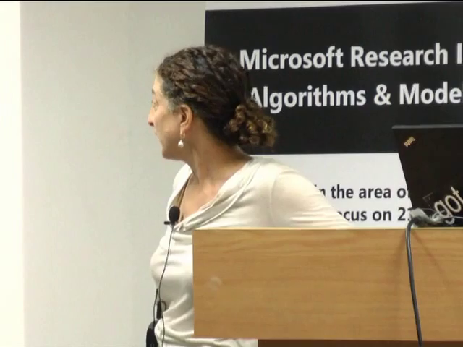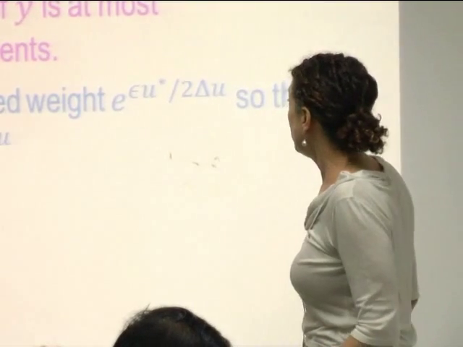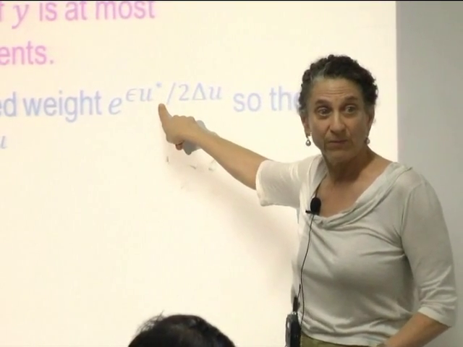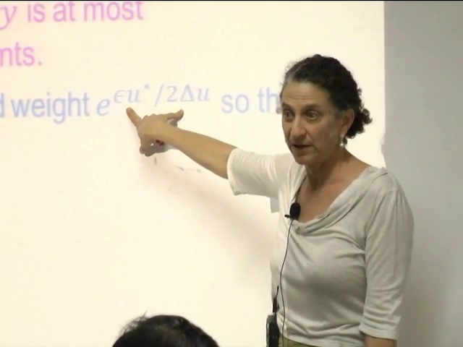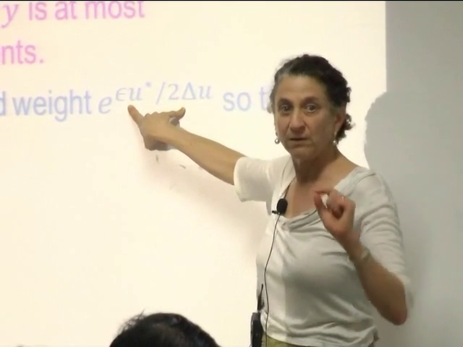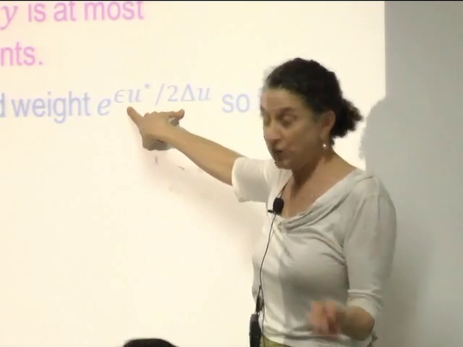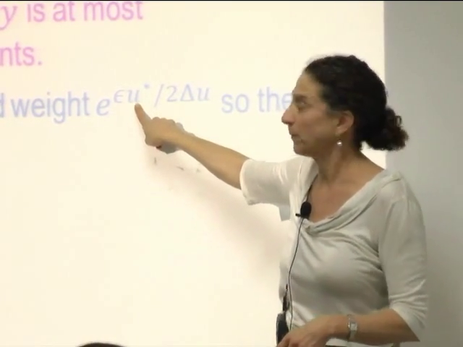How about optimal elements? Well, same calculation. Their utility will be at least this much. In fact, it'll be proportional to exactly this. That's how it's assigned, right? You're assigned a probability that's proportional to e to your utility. Your utility is u star because this is an optimal one.